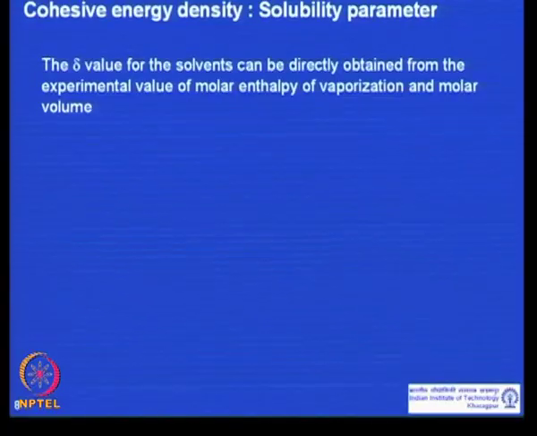So, you can get the cohesive energy density and the solubility parameter as well. But polymers cannot be vaporized because they are large in size, so you cannot experimentally get the solubility parameter for a polymer. The solubility parameter of polymers is typically determined indirectly, basically following the approach we took.